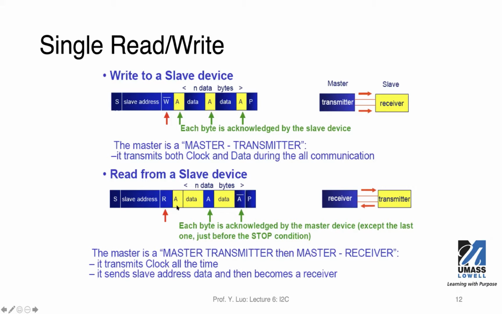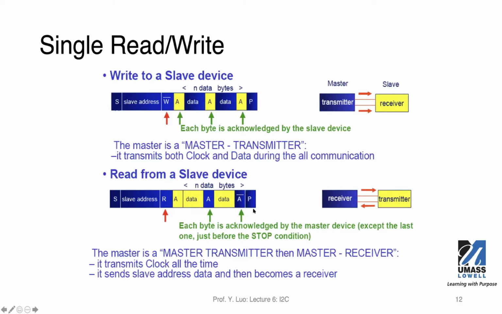And then the acknowledge will be from the slave device, and the slave device will start putting the data out on the bus, because remember the master is trying to read, so the slave device will be putting data on it bit after bit, and the master device will acknowledge after reading the byte, another byte, and then acknowledge again.